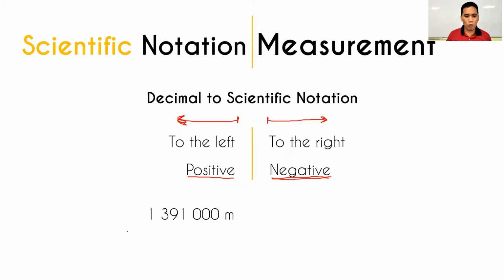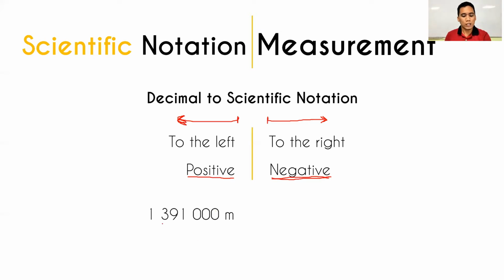Okay, so we have 1,391,000 meters. We will convert this decimal to scientific notation. Sir, you said that scientific notation is the movement of the decimal point. But in this case, sir, there is no decimal point.